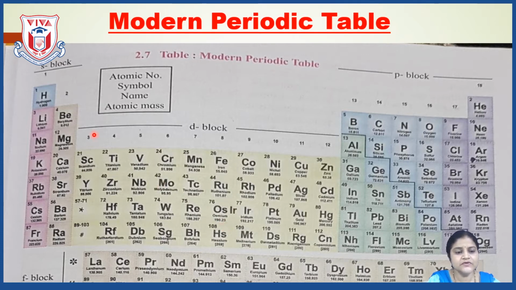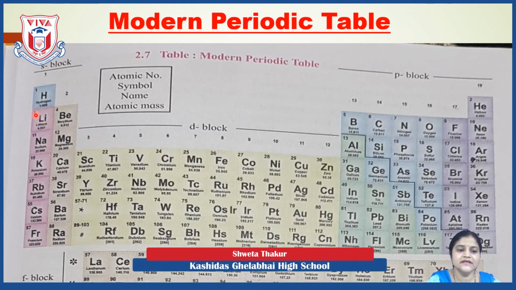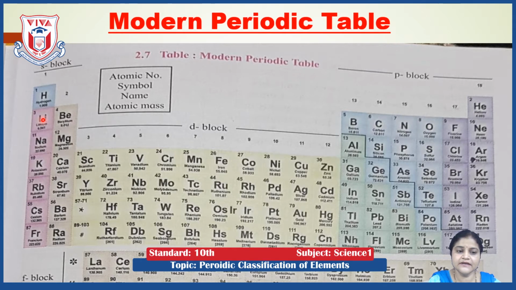Now here one more thing which you can easily conclude: if you go to the first period or the second period, what you can observe is, if you see the second period, that is lithium, beryllium, boron, carbon, nitrogen, oxygen, fluorine and neon.